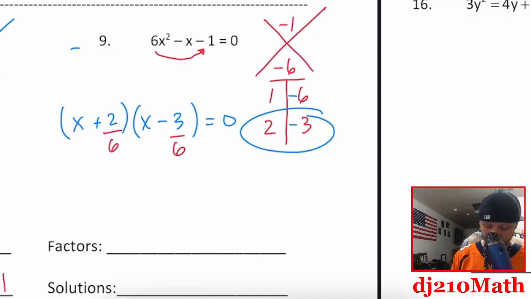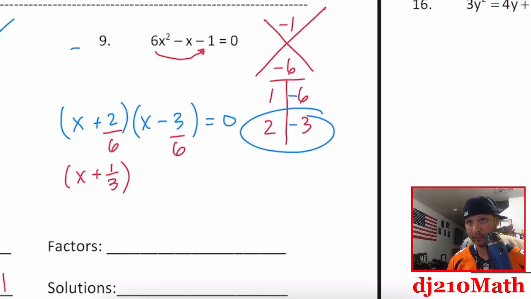Okay. When we reduce, notice this is the first time we haven't had a second line right here, but the 2 over 6 reduces to 1/3. I'll go ahead and just write this right now. 3 over 6 reduces to 1/2. So that's as far as they reduce.